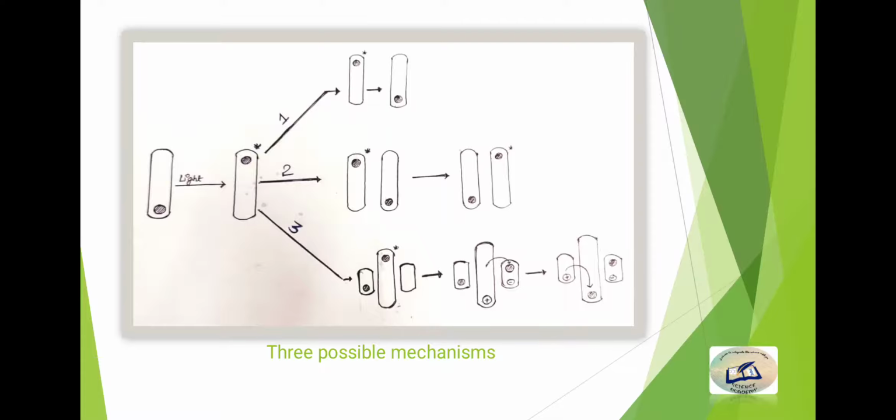Okay. And the third process, what happens? Any nearby molecule which can act as an electron acceptor, which is electron deficient, accepts the high energy electron and returns to the original state. Then it returns to the original state by taking a low energy electron from some other molecule which has excess electrons, that is, an electron donor.